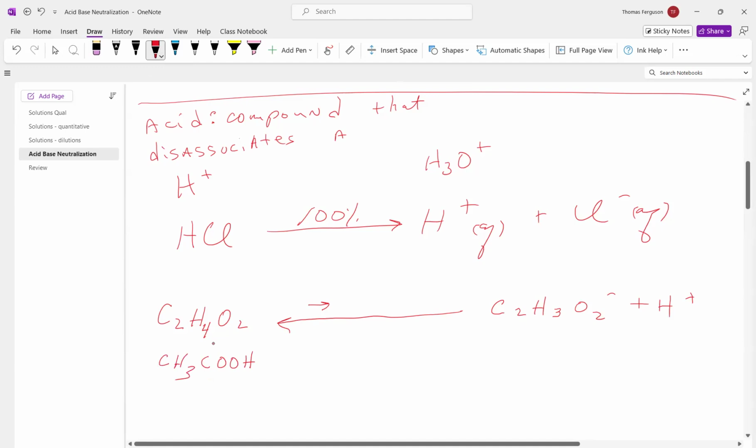And this is the part that is the acidic part. So weak acids have the COOH as opposed to C2H4O2. And this is the one here that leaves.